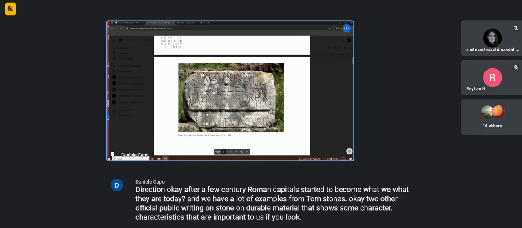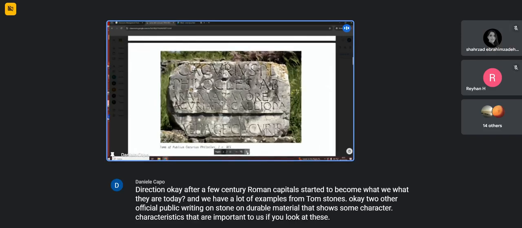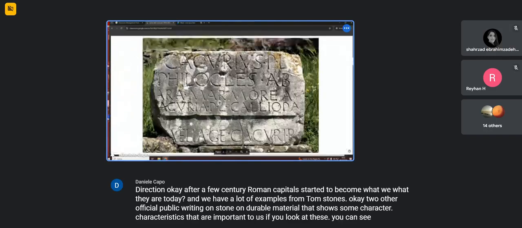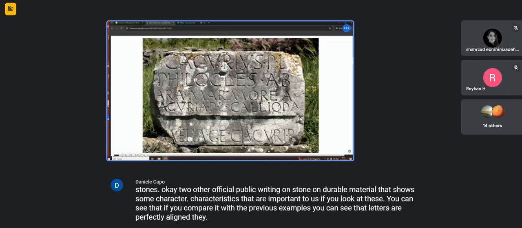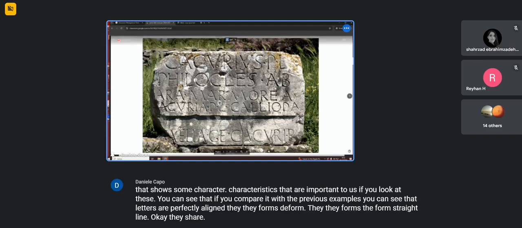If you compare these with the previous examples, you can see that letters are perfectly aligned. They form straight lines. They share exactly the same height.